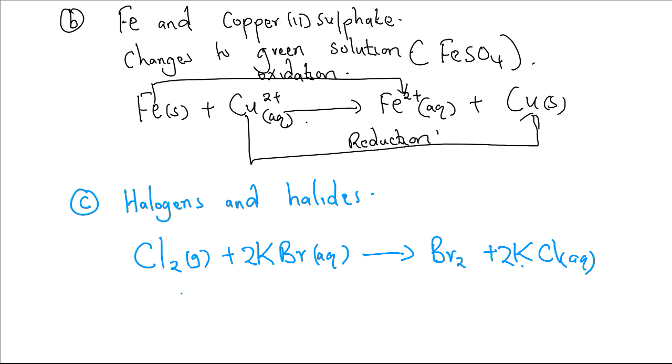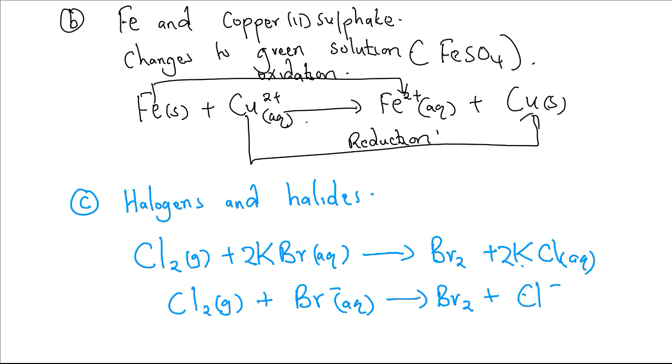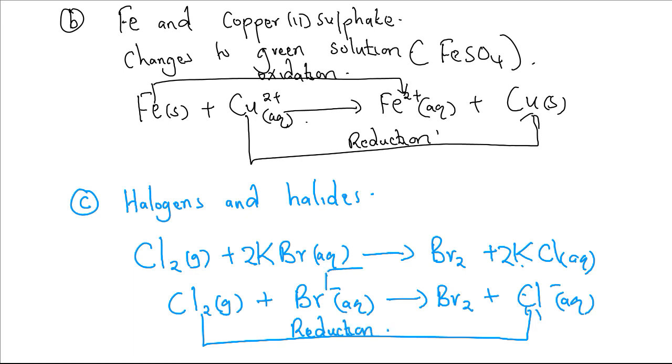Then the ionic equation will be chlorine gas plus bromide ions giving bromine gas plus chloride ions. So from this to this is reduction, then this is oxidation.